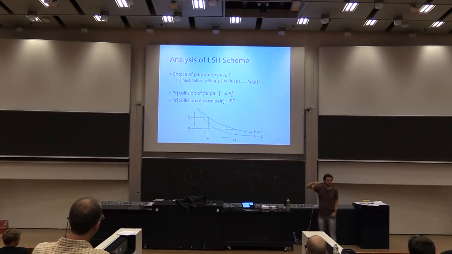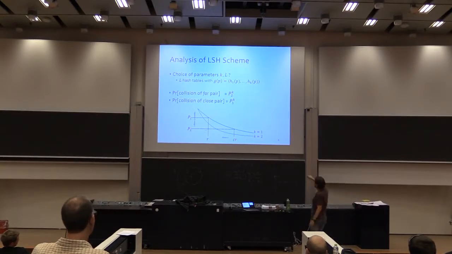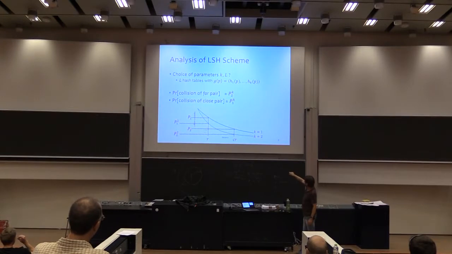We raise it to the square, and these are numbers under 1, so it drops. The idea being that this will be P1 squared, this will be P2 squared, and the contrast, the ratio between these probabilities, increases.